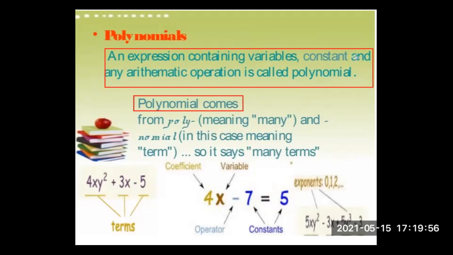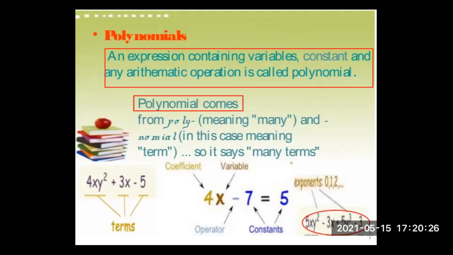Okay, so next we'll move to our power. As we learned in class 8, any power of that term we can call the exponent or index, or we can call it power. So here one expression is there, 5x square minus 3x plus 5y minus 3.